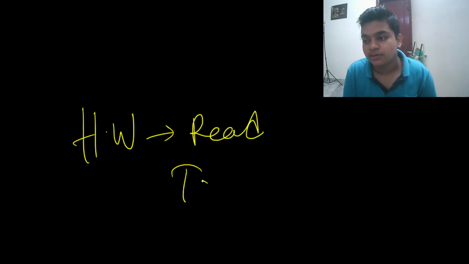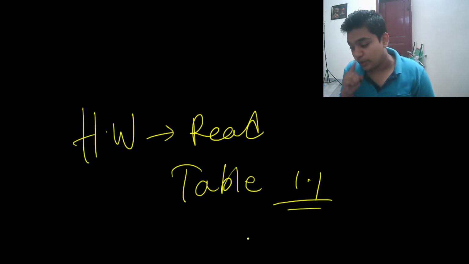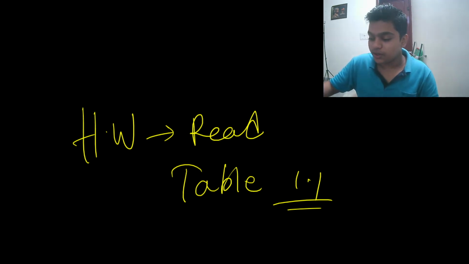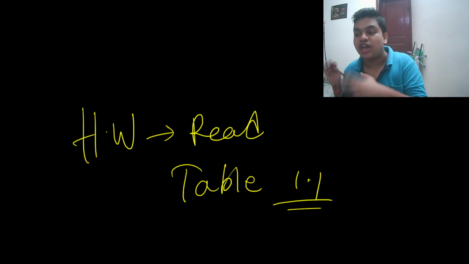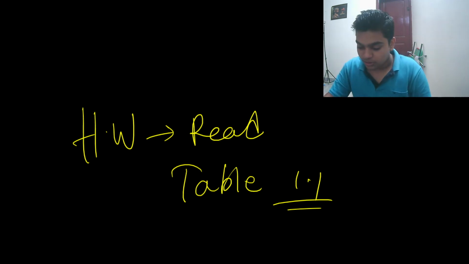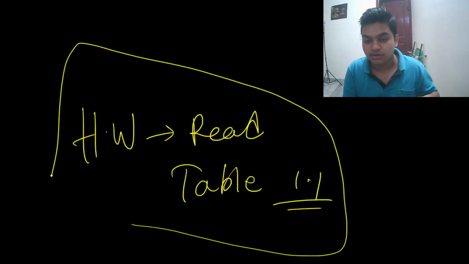This is very important guys. In order to get the correct option in our examinations, we have to remember this, or else we'll be searching from different chapters. So read table 1.1, and I'll be asking some questions also.